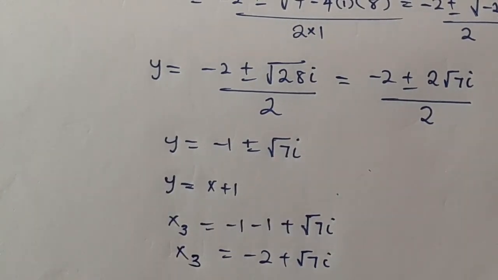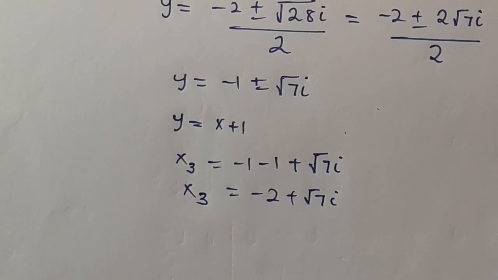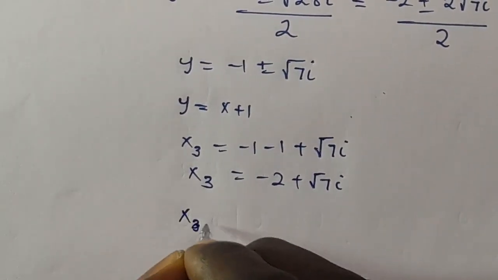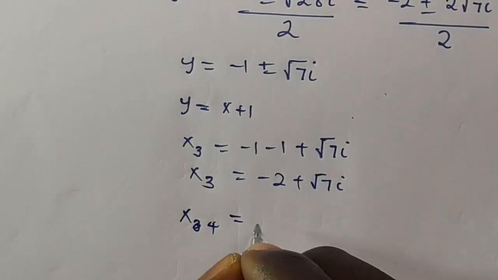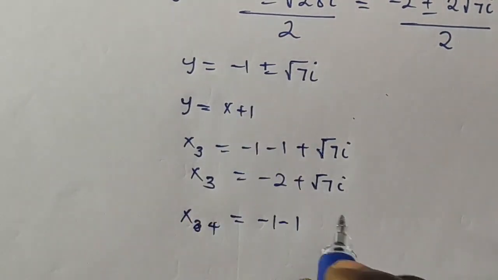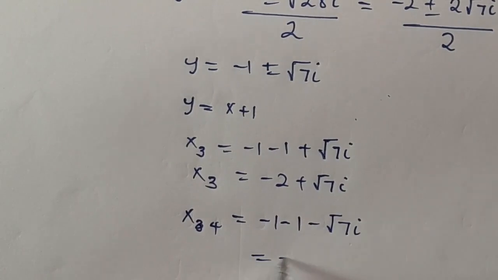That is our x3. And likewise, to get x4, since we now be minus 1 minus 1, then we take this minus square root of 7i, then this one will now be minus 2 minus square root of 7i.